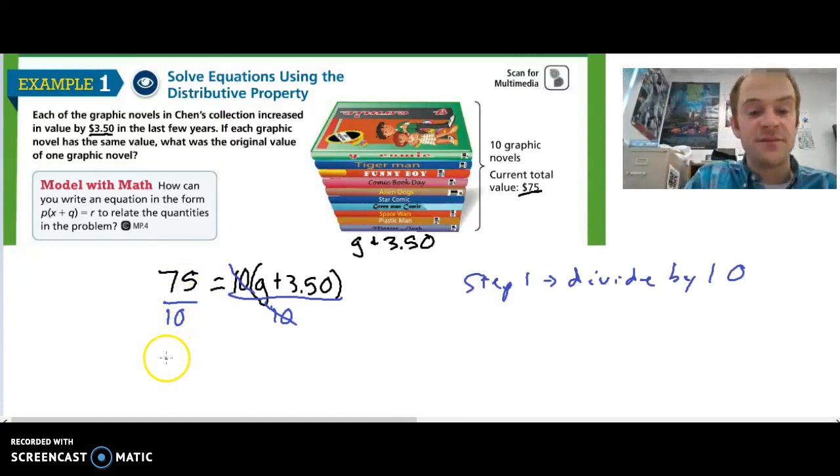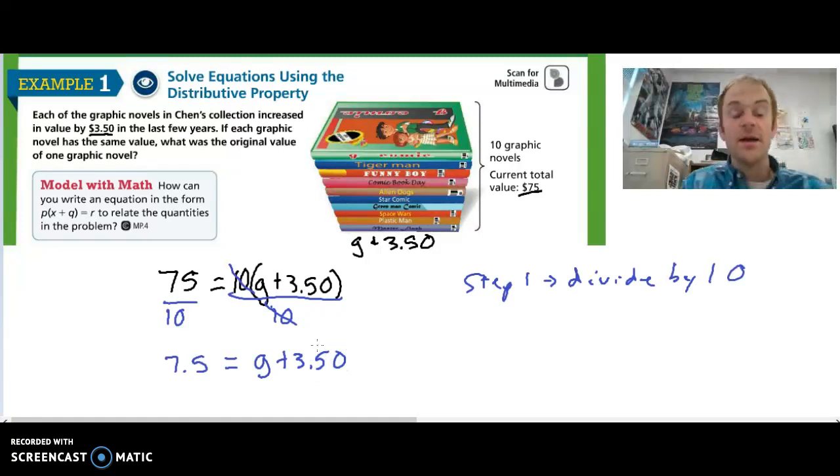So 75 divided by 10 becomes 7.5. So now what I've got is 7.5 equals G plus $3.50. Okay? And so now it's a matter of, how do I get this G by itself? I need to subtract 3.50 from both sides.